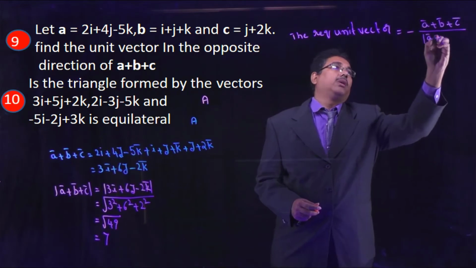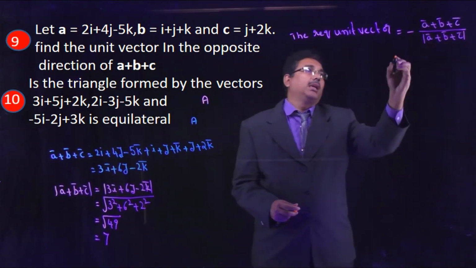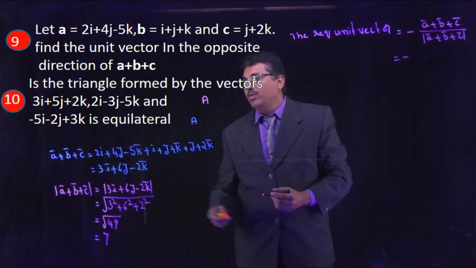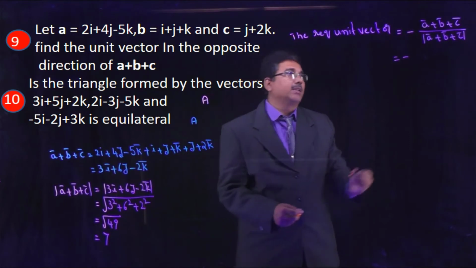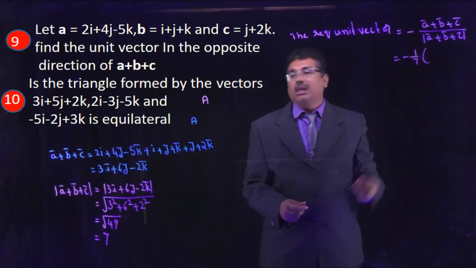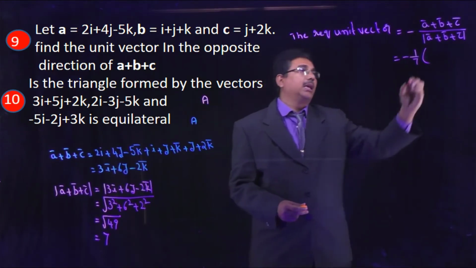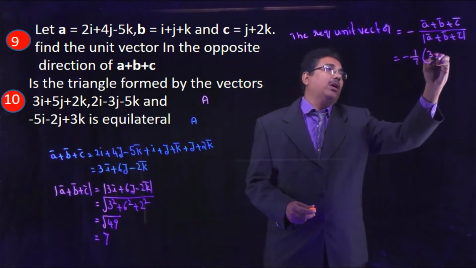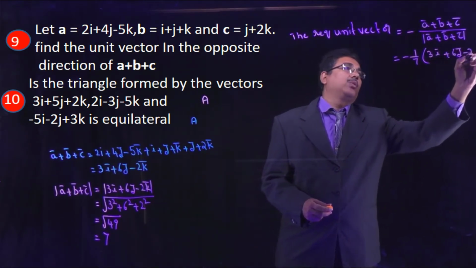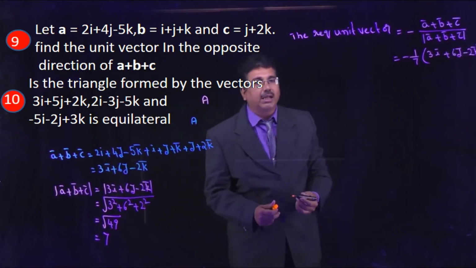What is the magnitude of the vector? That is 7. So it is minus 1 by 7 into a bar plus b bar plus c bar, that is 3i bar plus 6j bar minus 2k bar. That is the required unit vector.